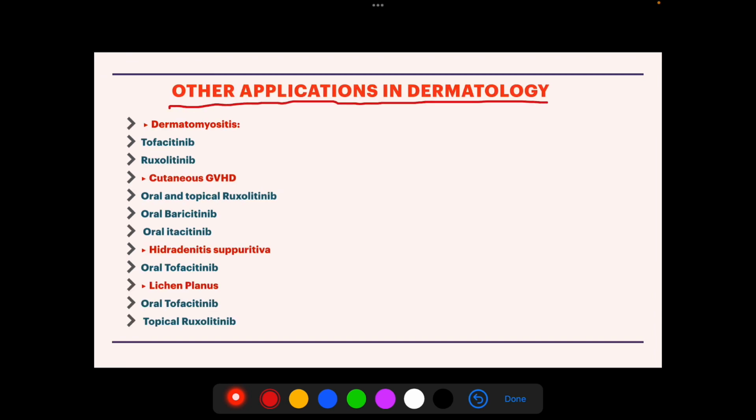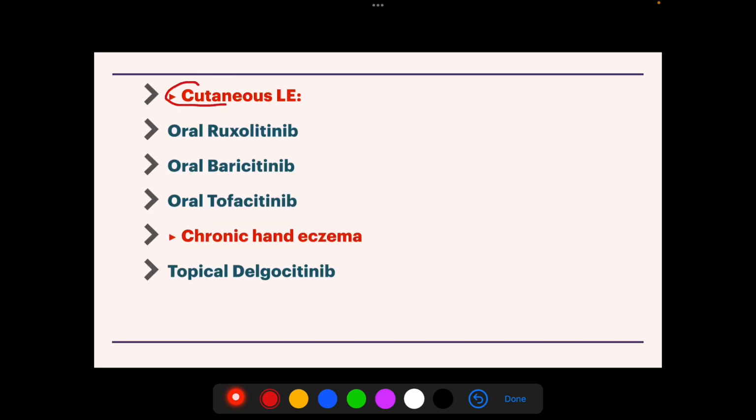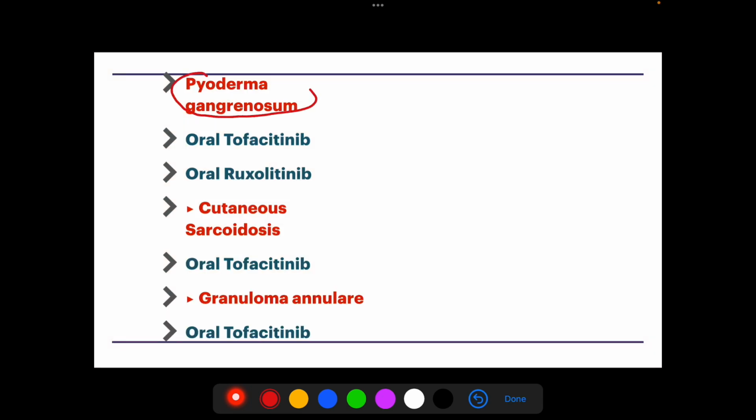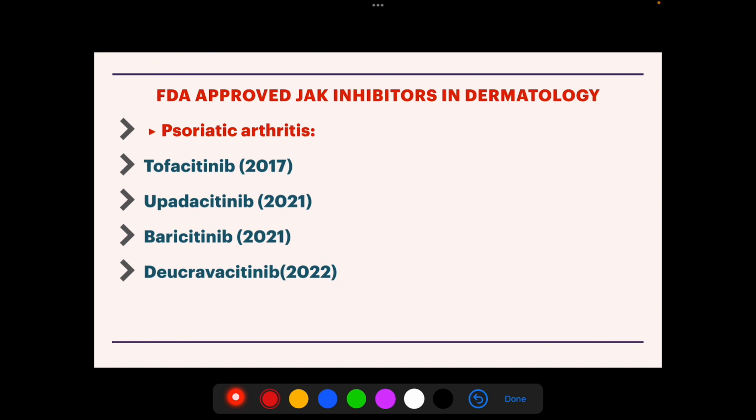Other applications in dermatology include dermatomyositis, with Tofacitinib and Ruxolitinib, cutaneous graft versus host disease, hidradenitis suppurativa, lichen planus, cutaneous lupus erythematosus, chronic hand eczema, pyoderma gangrenosum, cutaneous sarcoidosis, and granuloma annulare.